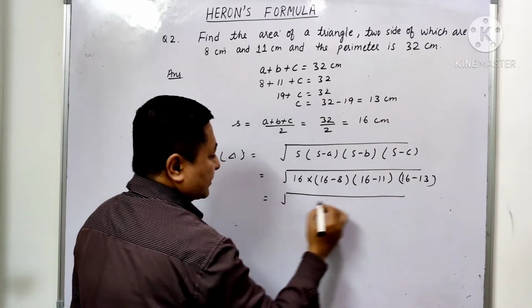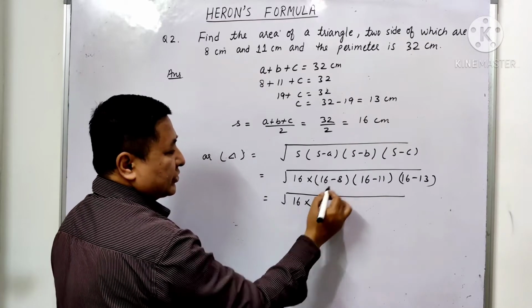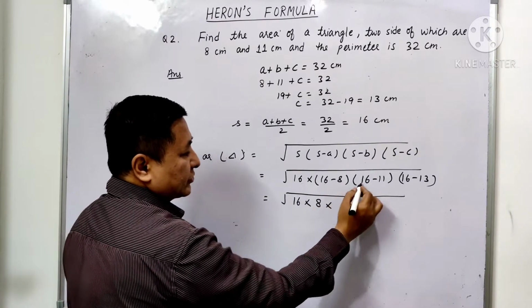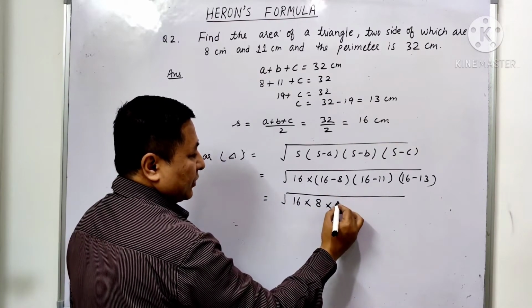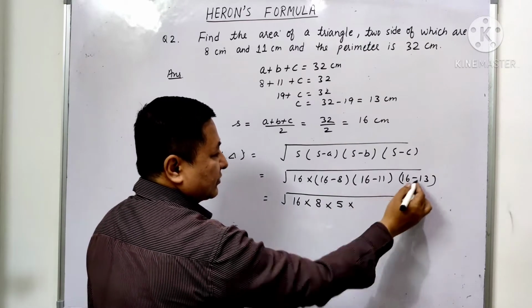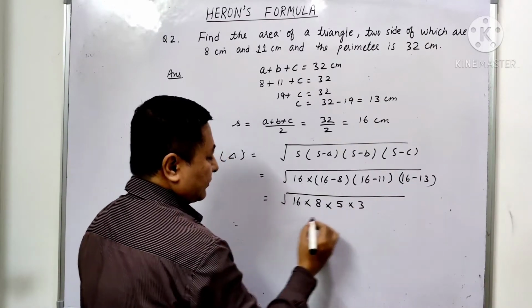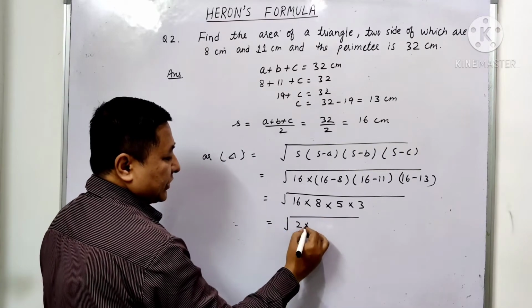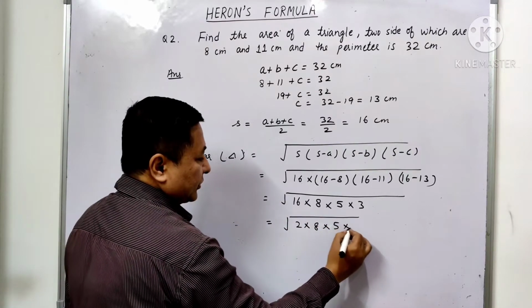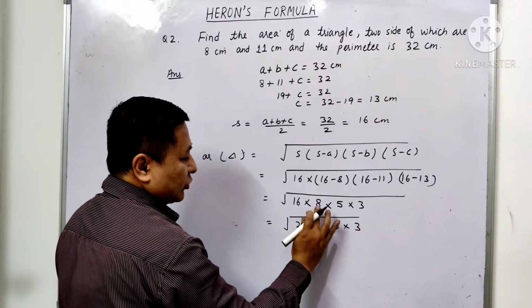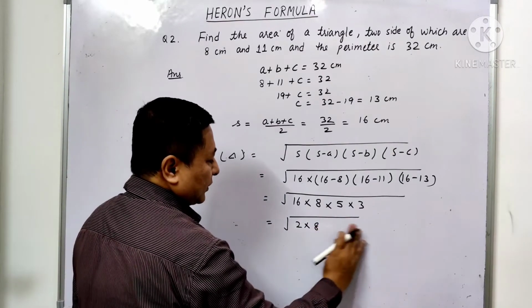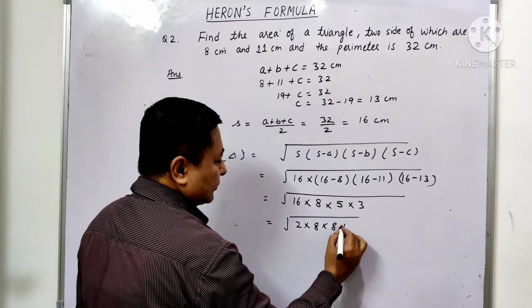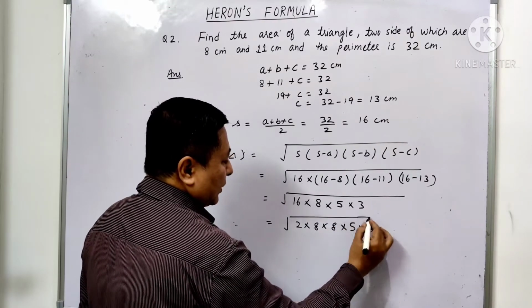Now let us solve this. This is 16 into 16 minus 8 is 8, into 16 minus 11 is 5, and 16 minus 13 is 3. So now 16 can be written as 8 into 2 into 8 into 5 into 3. So one more 8 is there. So we will take 8 into 5 into 3.